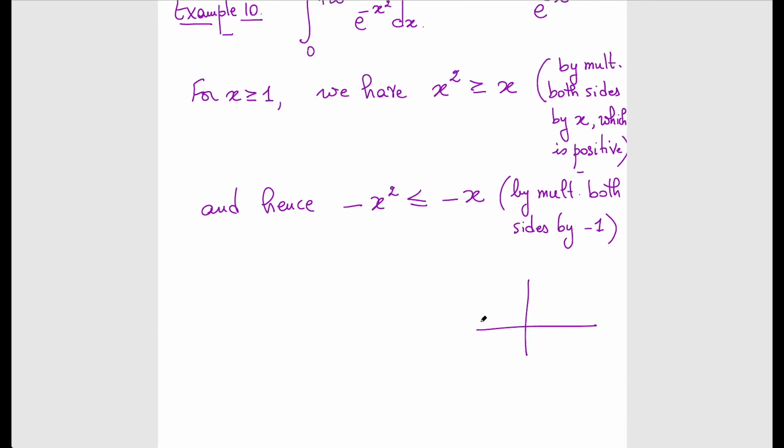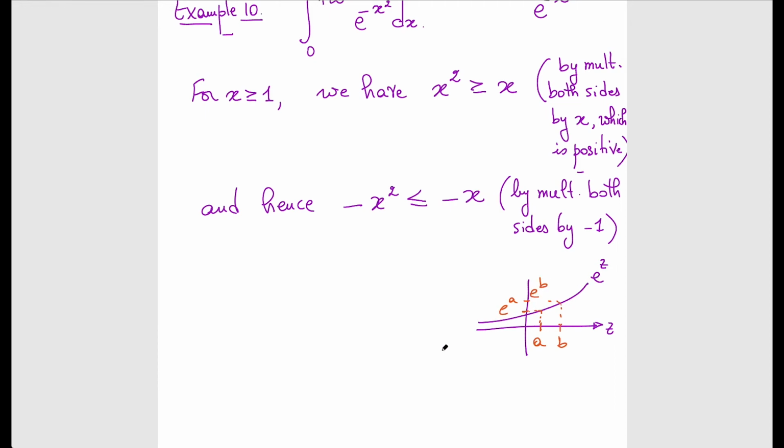How do you graph e to the power y, or e to the power z, if you think of this as the z-axis? E to the power z is graphed as such, correct? So it's an increasing function. If you give me two numbers, a and b, so that a is smaller than or equal to b, e to the power a is going to be less than or equal to e to the power b, because the function is increasing.